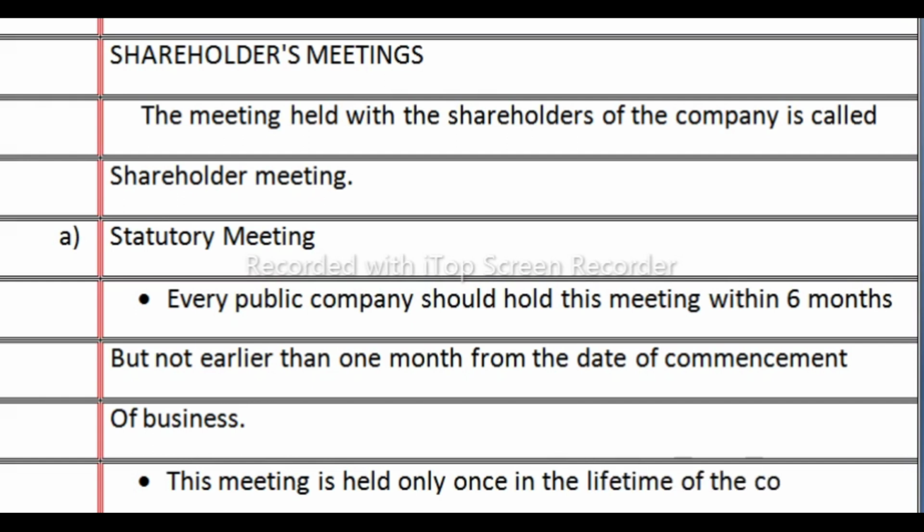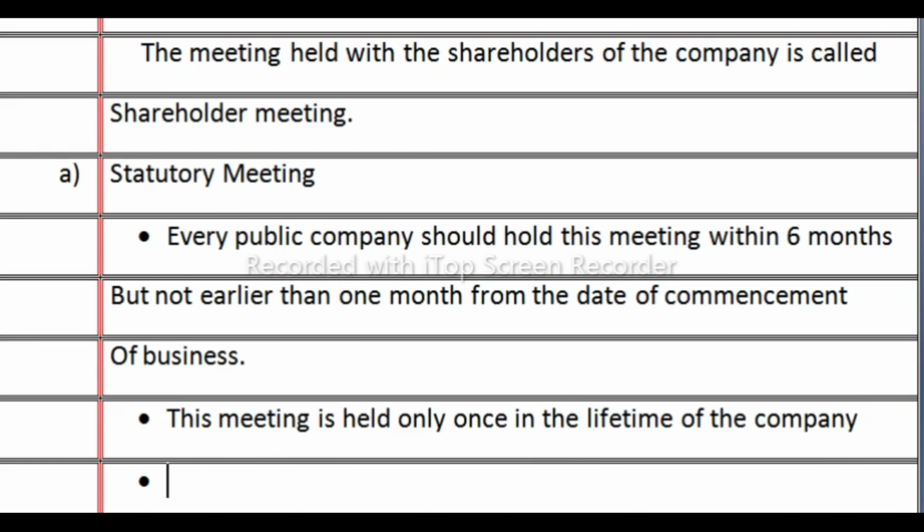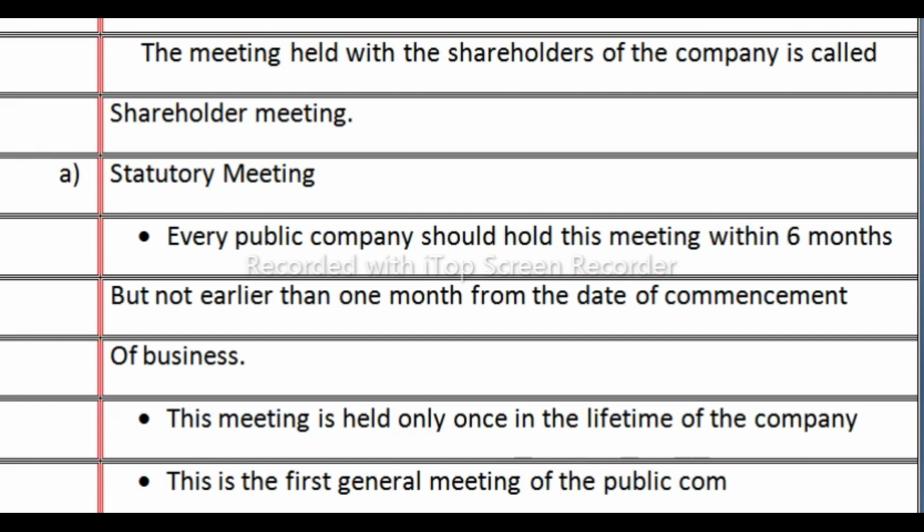A public or a private company which does not have a share capital need not conduct this statutory meeting. Before conducting this meeting, a circular has to be given to the shareholders of the company indicating that the meeting is going to be conducted, and the circular has to be sent 21 days before the meeting is held.